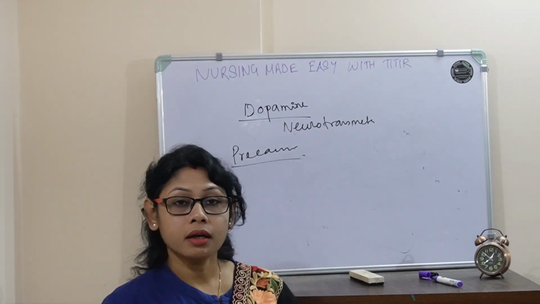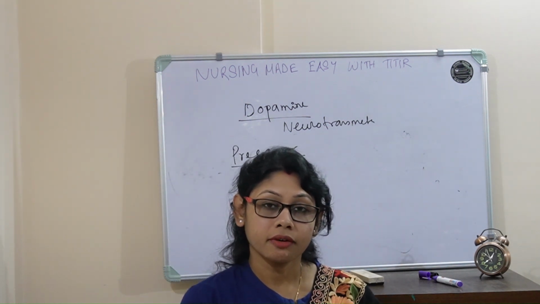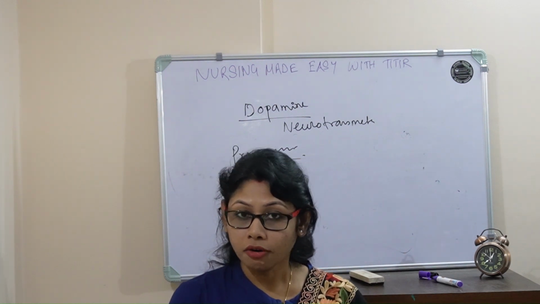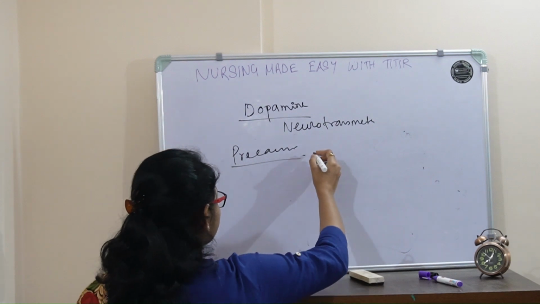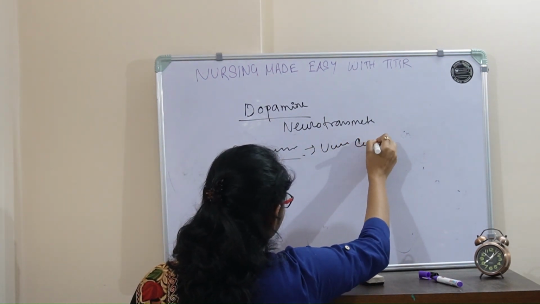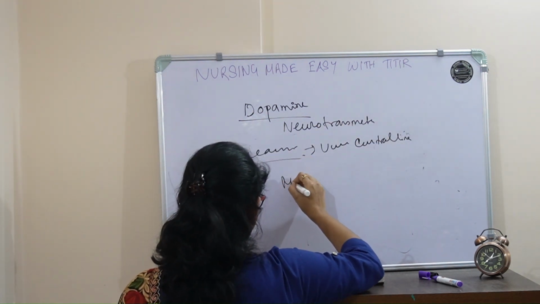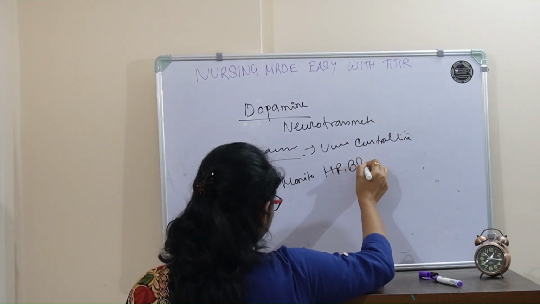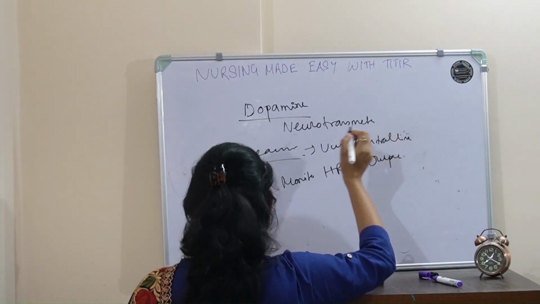It is very irritating to the vein. If there is any chance of leaking, there will be a high chance of necrosis of the tissue. So better to avoid peripheral lines. Please use a central line. Monitor heart rate, BP and urine output also.